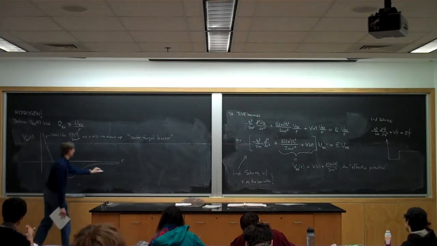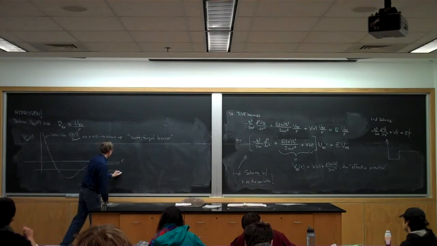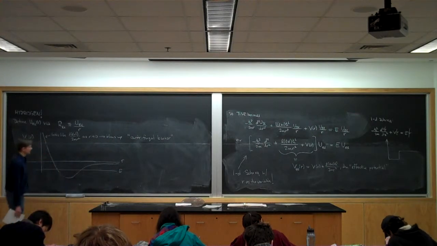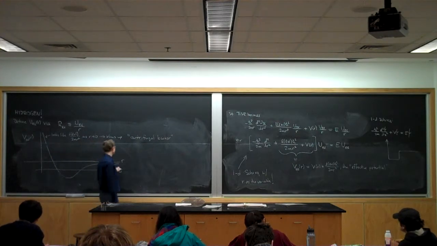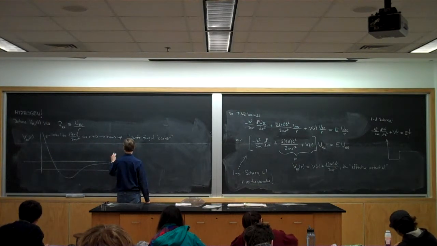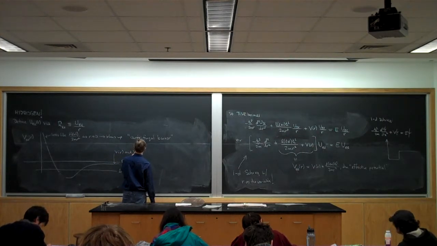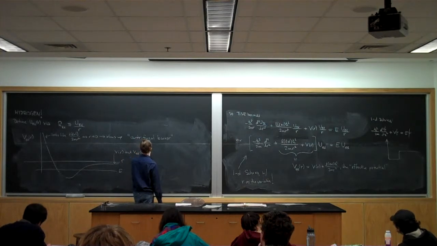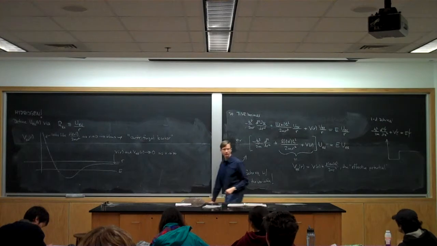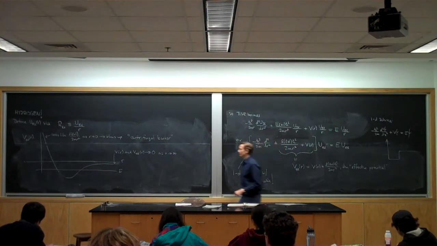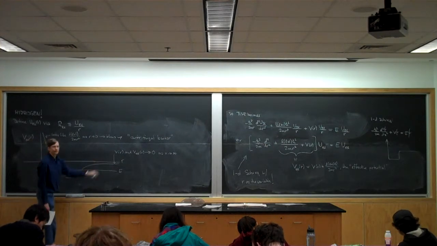What if we just suppose that this is the energy? And let's suppose that V of r goes to 0 as r goes to infinity. Then V and V effective go to 0 as r goes to infinity. So generically, the effective potential will typically look something like this.